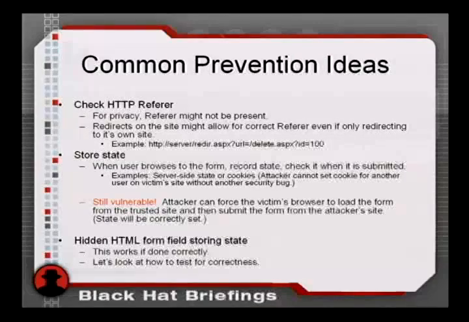You could check and say, hey, that's not my site that's submitting the data to me. Then we would toss that request or say that there was some type of violation. This doesn't work so well because lots of privacy people will strip referrers and other things like that, and then they wouldn't be able to use your web application.